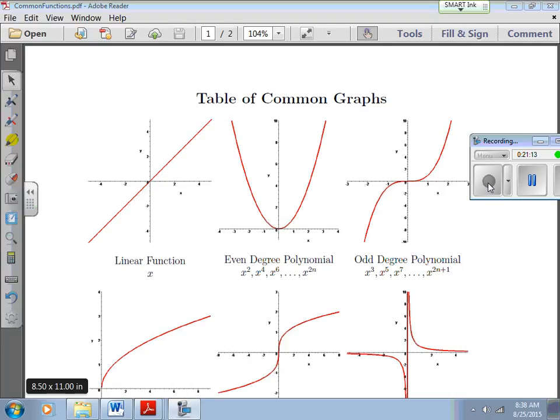If you know the y-intercept, you can go to the y-axis, put a dot there, and then use the rise over the run. What do you guys think the domain and the range is of this linear function? What do you think?